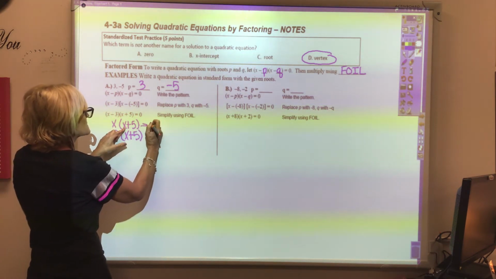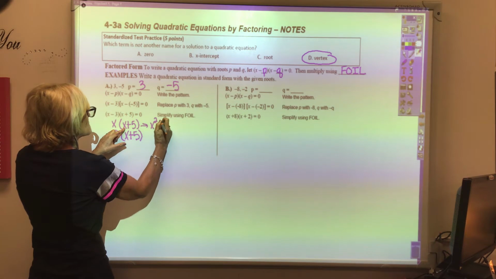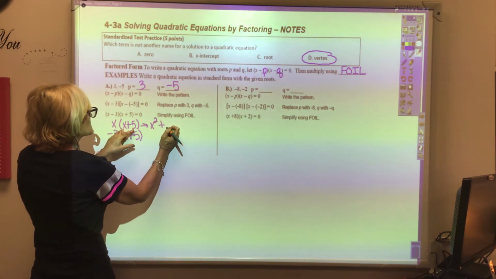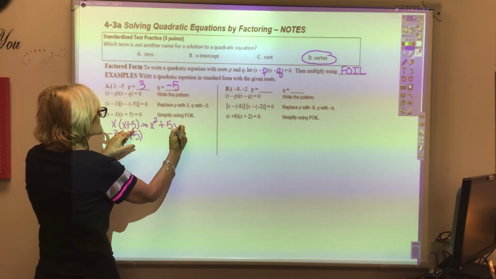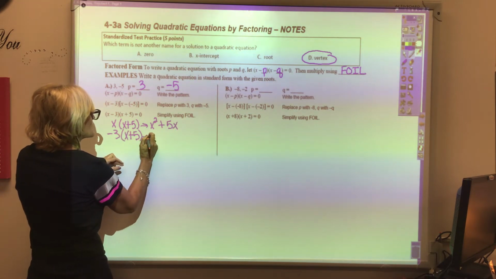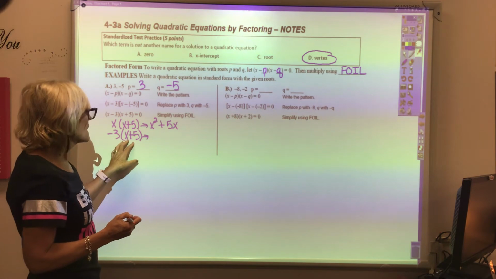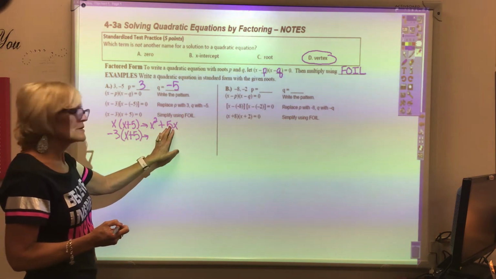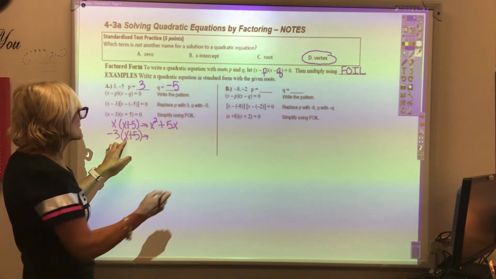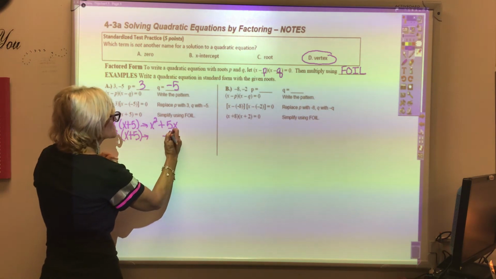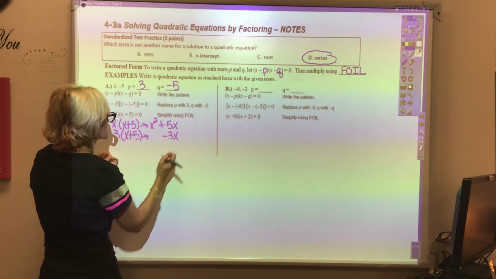X times x is x squared plus x times 5, which is 5x. I go down to the second line, and when I multiply, I line these up under like terms over here. So -3 times x would be -3x. Notice I'm putting it under the 5x.